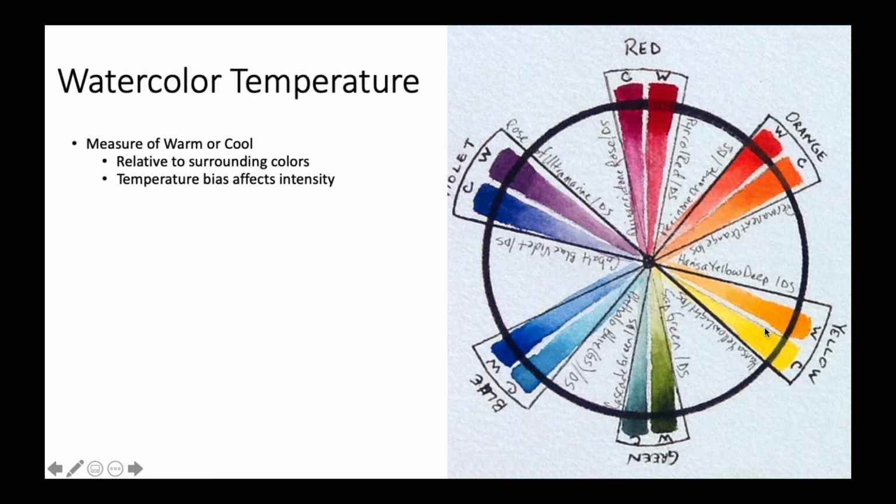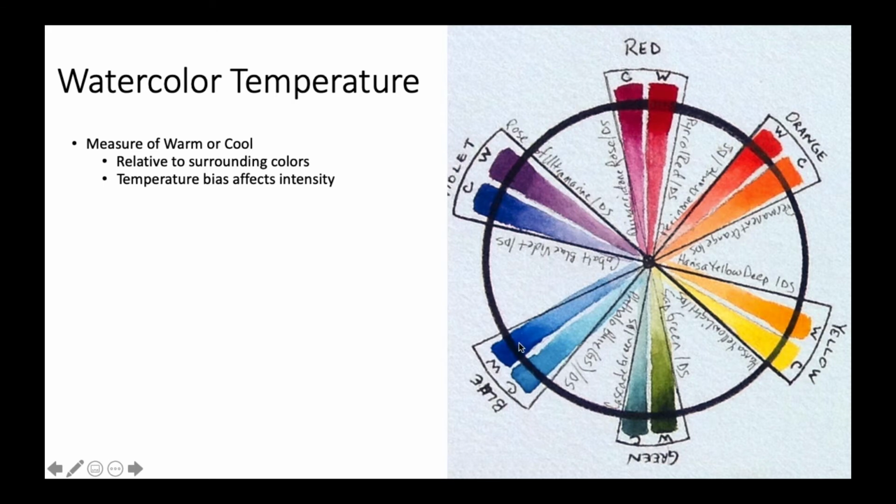On the yellow side, if a yellow appears to have orange in it or red in it, we call that a warm yellow. And a yellow that appears to have green or blue in it, we call that a cool yellow. And then the blues, if a blue appears to have green in it or yellow to make it greenish, we call that a cool blue.